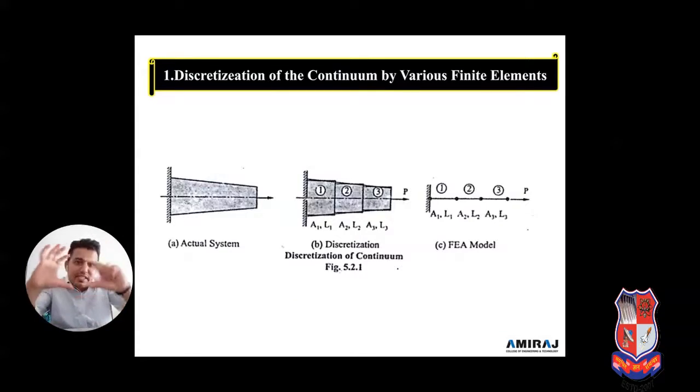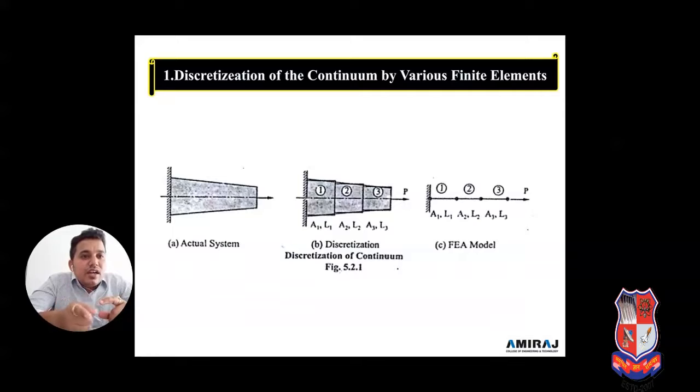If we want to find the proper static structural analysis of the cantilever beam, then we have to discretize it as in the second figure, B. Here the cantilever beam is divided into 3 elements, number 1, 2 and 3, with properties A1L1, A2L2 and A3L3. At the end there is a P force, a tensile force.